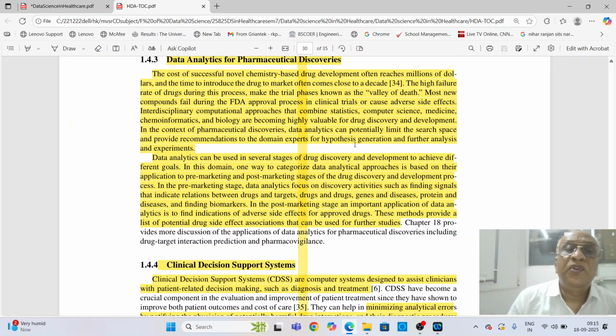Data analytics can be used during drug discovery and development. You can divide that into two categories: pre-marketing and post-marketing stages of drug discovery and development. During the pre-marketing stage, the data analytics focuses on discovery activities. In the post-marketing stage, what data analytics does is find the adverse side effects for the approved drugs.